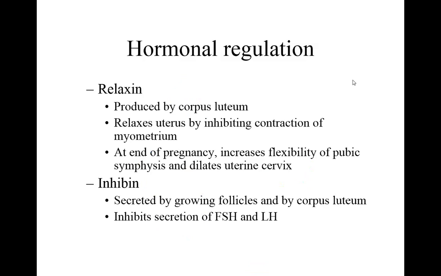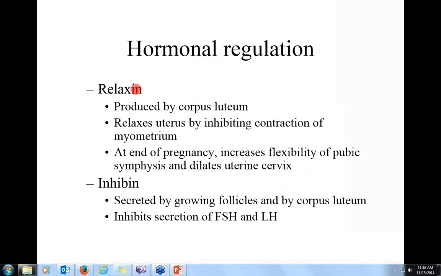Okay, two more hormones we're going to talk about. One is relaxin. This is produced by the corpus luteum, and it inhibits the contraction of the myometrium. Myo is a prefix for muscle, so this is the muscular layer of the uterus.